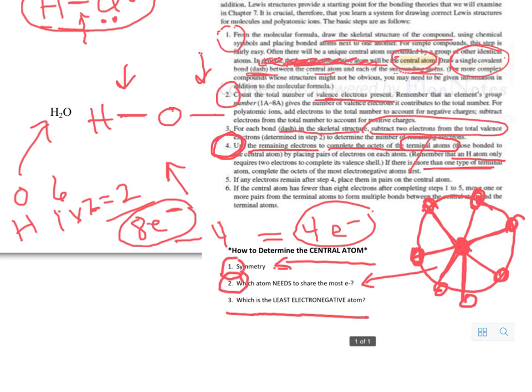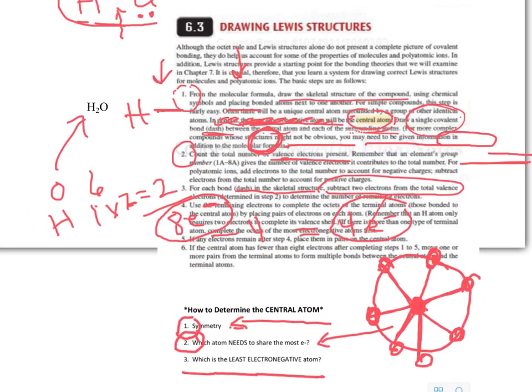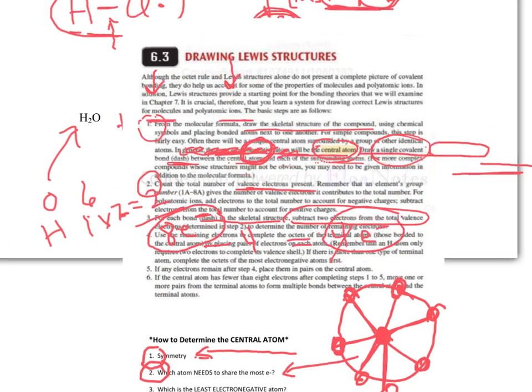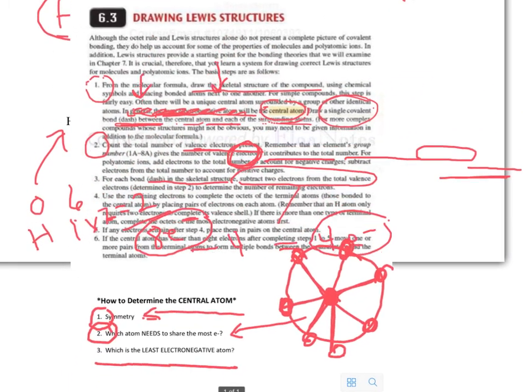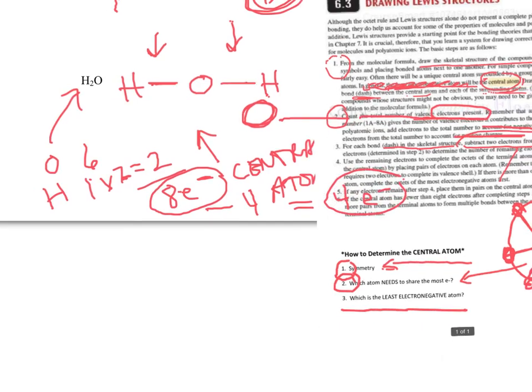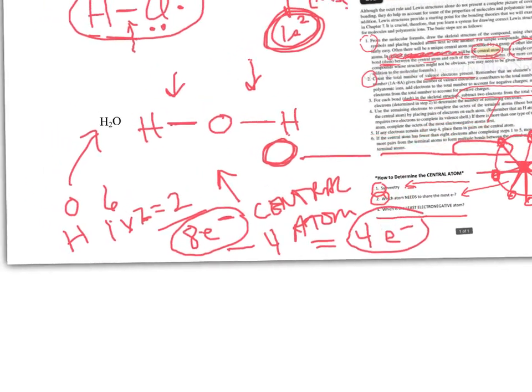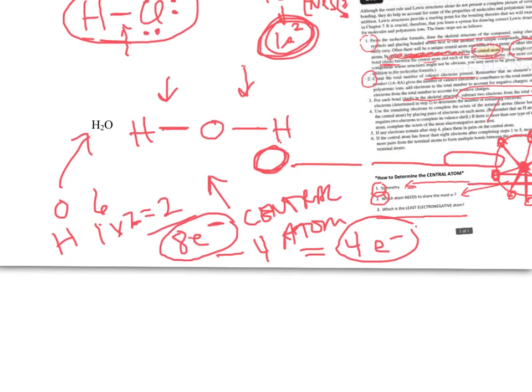Now, when I look at my water structure, I had 4 electrons that I needed to fill in. None of those are going to go on the hydrogen, because their octets are complete by having the single covalent bond.